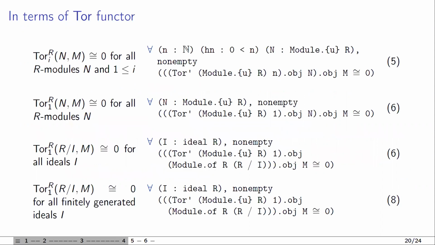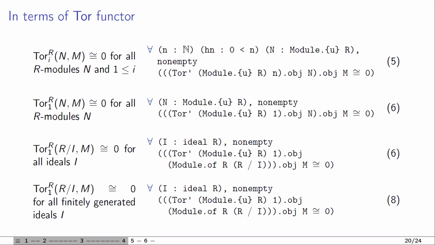Then we are going to see how we can use the calculation of the Tor functor to prove flatness. It should intuitively make sense because Tor is defined as the left-derived functor of tensoring with M. So if tensoring with M is an exact functor, we can see that the higher Tor will all vanish. So this is equivalent definition 5.